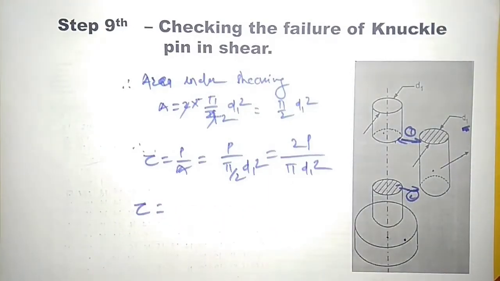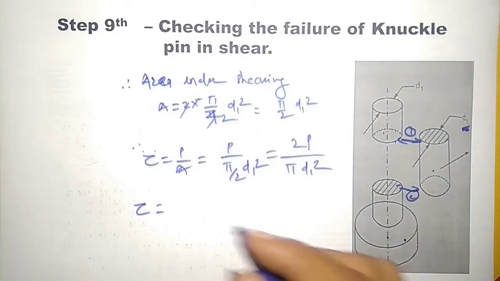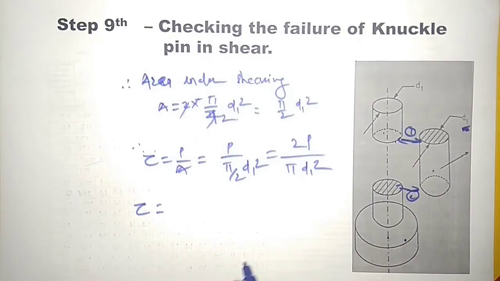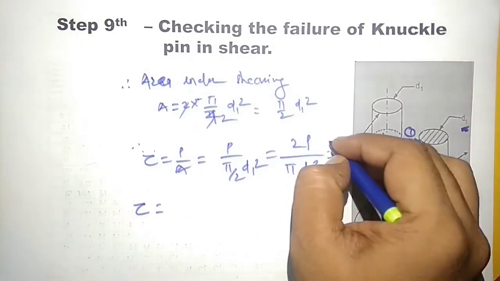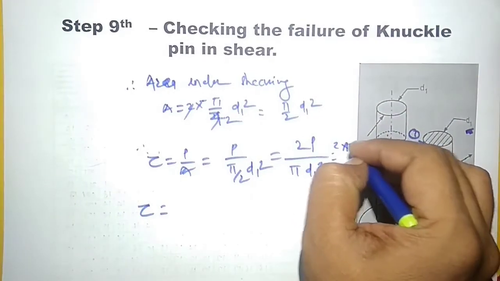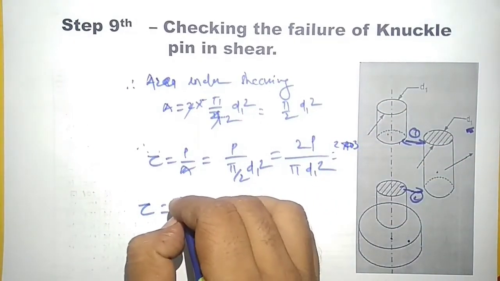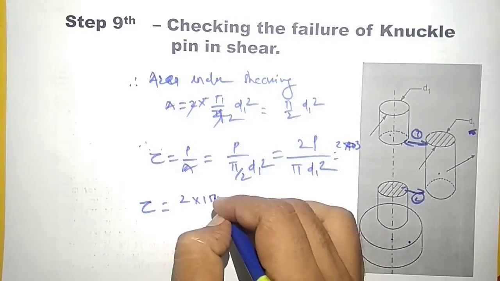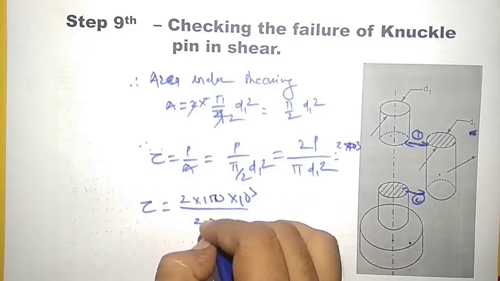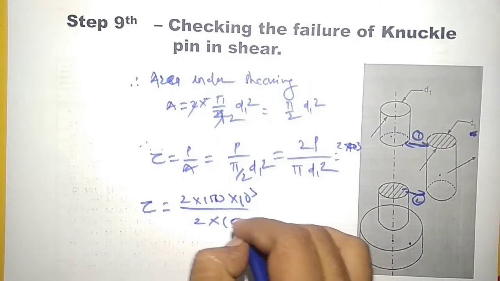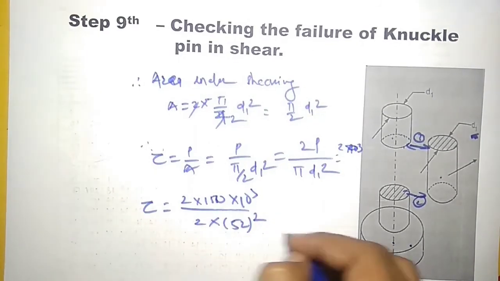We have to find the induced shear stress for the knuckle pin. Put the values: 2 into 150 into 10 raised to power 3, divided by pi into 52 square.